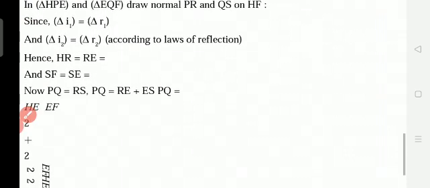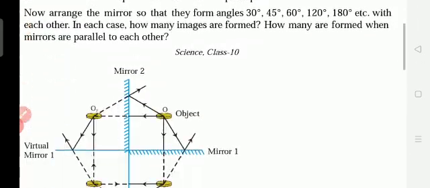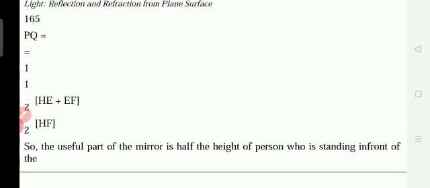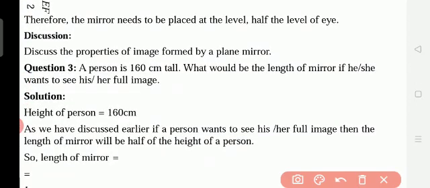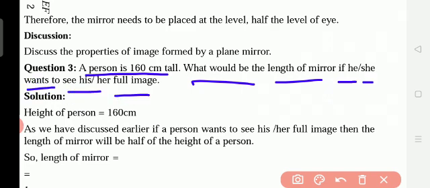So to get more understanding, we will solve one problem. Now you see here, a person is 160 centimeter tall. What would be the length of the mirror if he or she wants to see his or her full image? Height of the person is 160 centimeter.